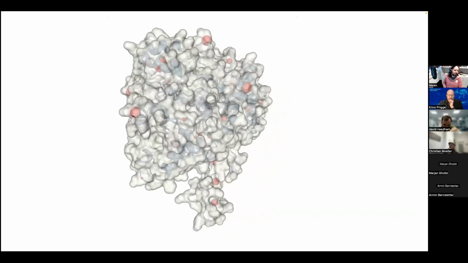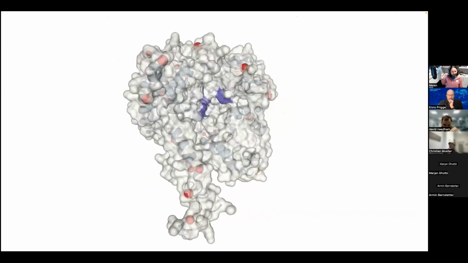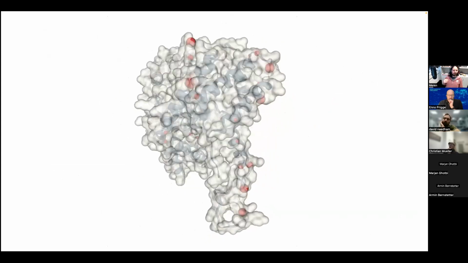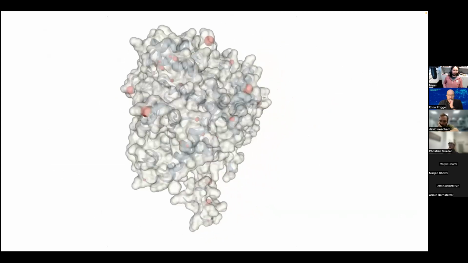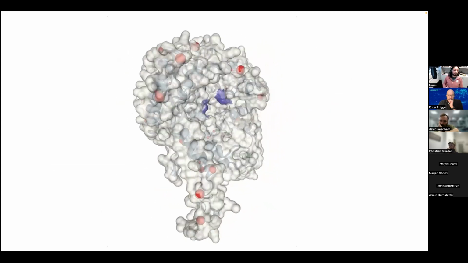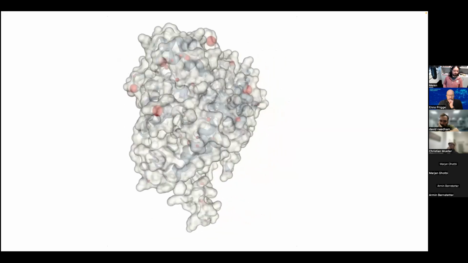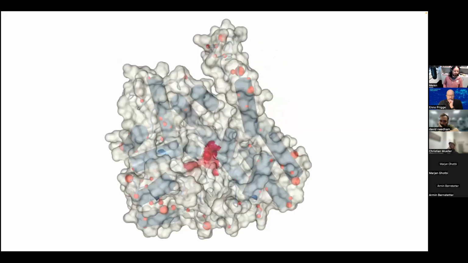And even in this preliminary view, you can see how the variable amino acids we find in the environment are far from the ligand binding site, because now we can talk about the fact that this protein cannot afford to have any variance closer to its critical site to maintain its function. So let me put it this way so it's easier to see. The same display, I'm just showing from a particular axis that maximizes the visibility of the variance. As you can see, they're all at the outskirts of the protein, basically.